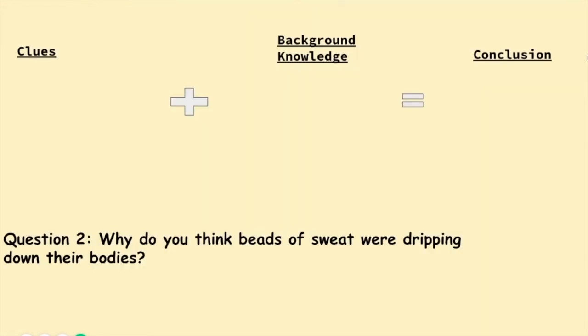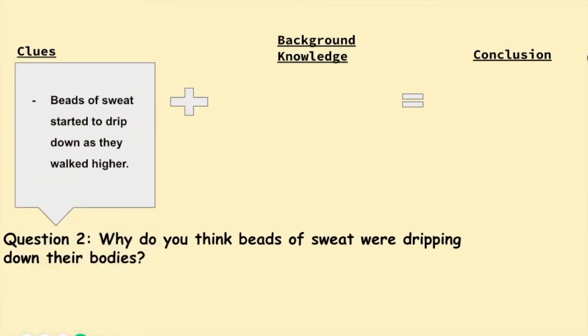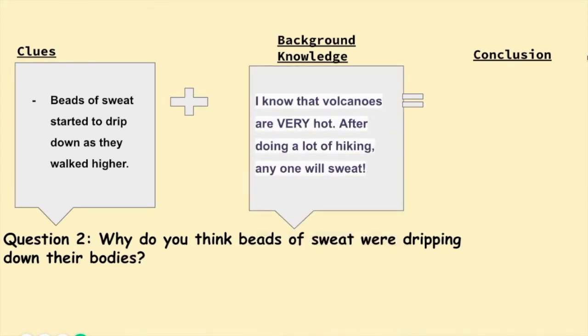All right, so question number 2 was, why do you think beads of sweat were dripping down their bodies? When I think about the clues from the text, I know that the text said that beads of sweat started to drip down as they walked higher. I know that volcanoes can be very hot.